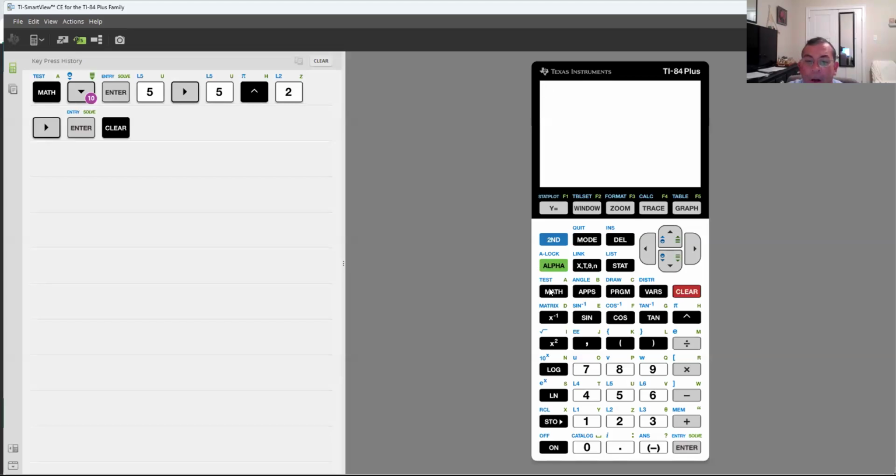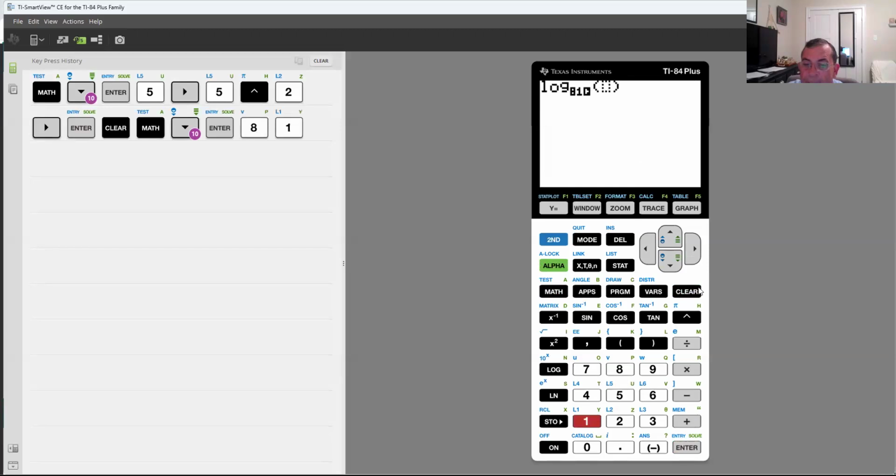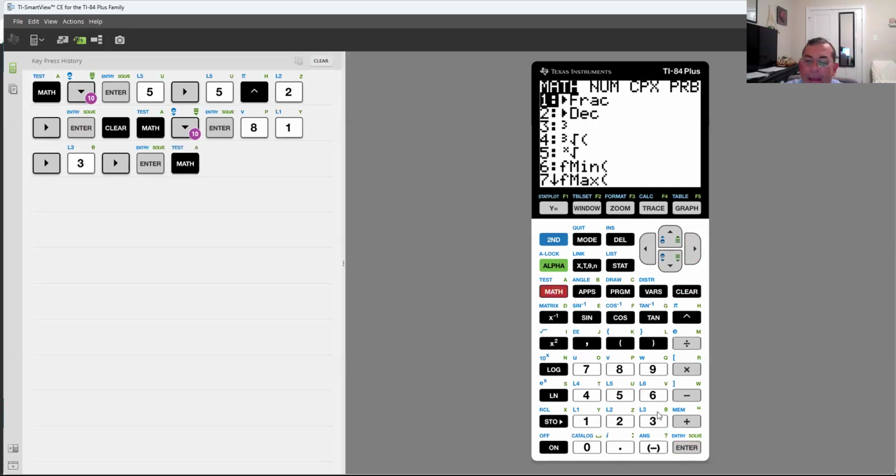So let me go get my log base. I had 81 for my base, 3 for my result. That's going to give me 0.25, but we got to turn that back into a fraction by hitting math and enter. So y'all, that equals 1/4.